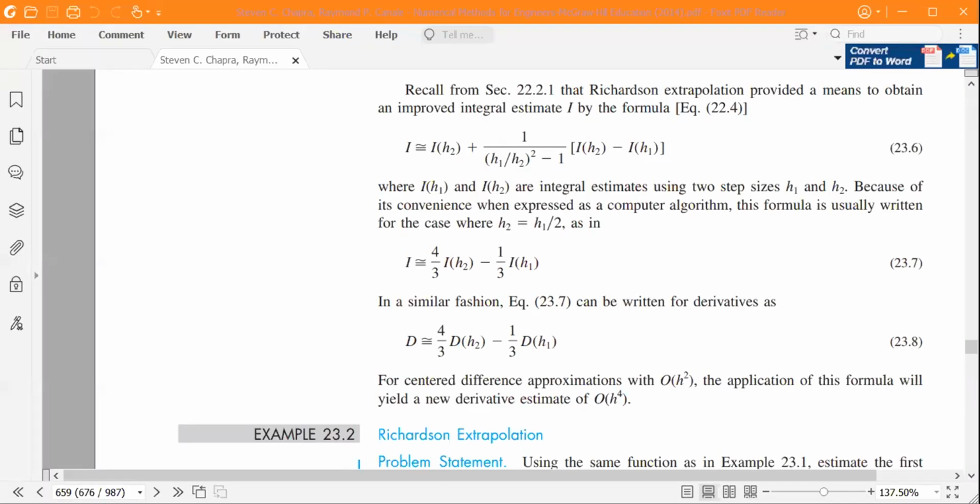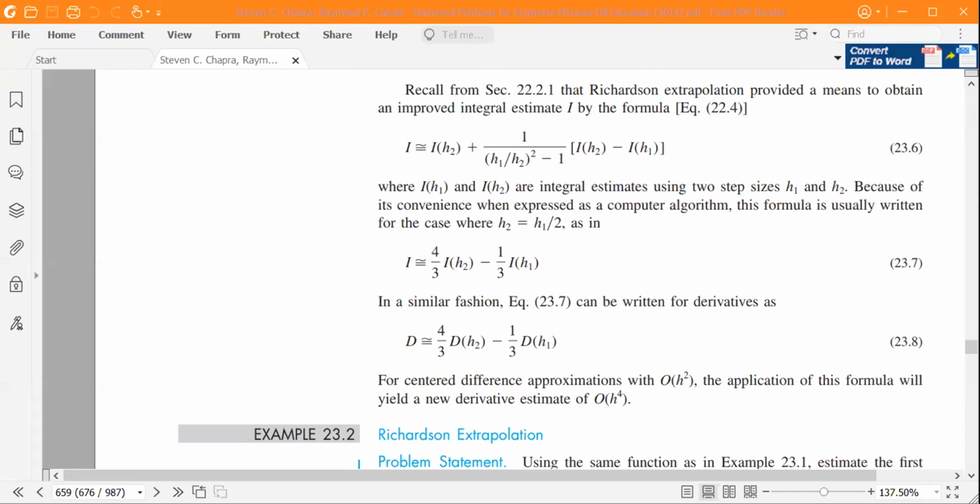Along with Newton's divided difference formula, we also learned Lagrange's interpolation formula, isn't it? You can use that formula because Lagrange's interpolation formula is not restricted to equally spaced data. It can be used for unequal spacing.